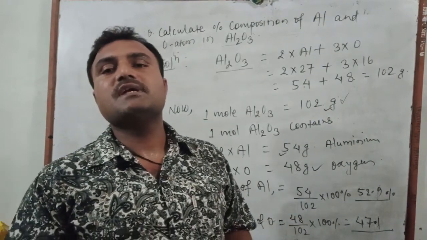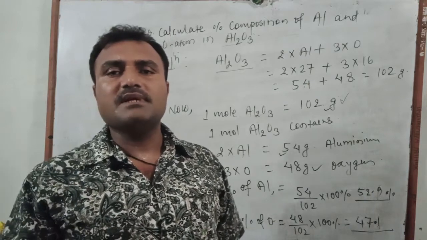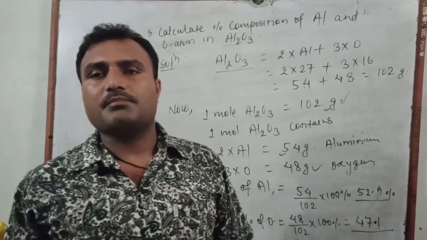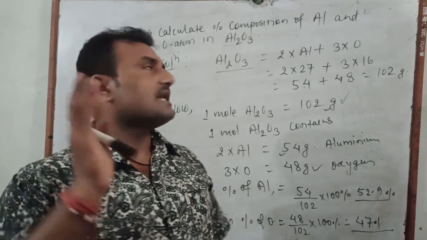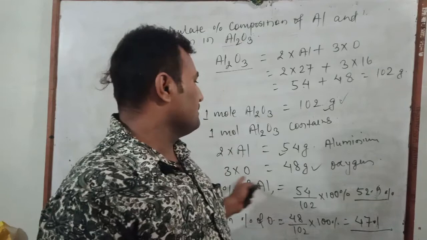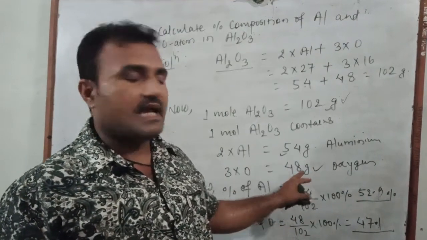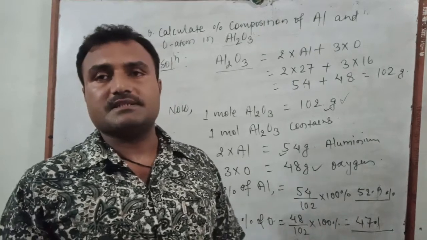In this way, we can calculate the percentage composition of any element in a given molecule of the compound. At first we calculate the molecular mass, then we find the ratio of the different elements with their masses, and then we change into percentage.